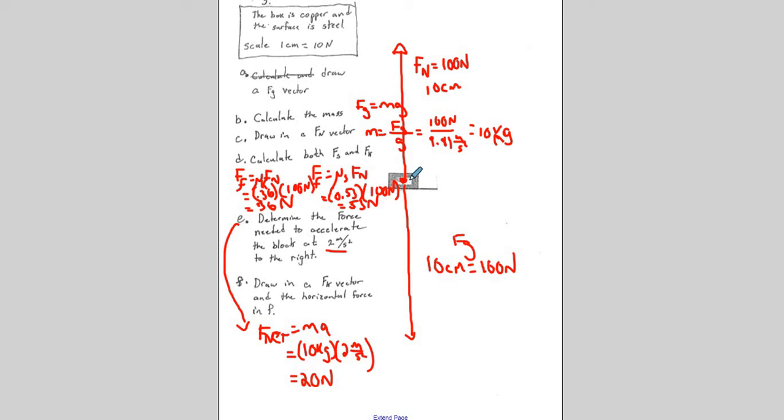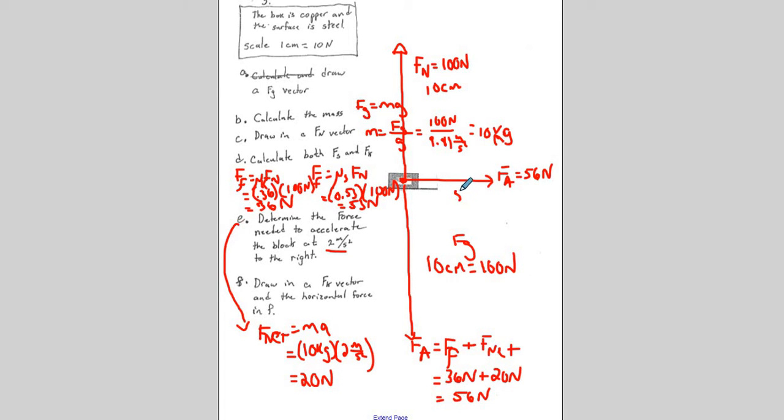So my applied force has to be equal to my frictional force plus my net force. That's 36 newtons plus the 20 newtons, which of course is 56 newtons. So my applied force to the right is 56 newtons.